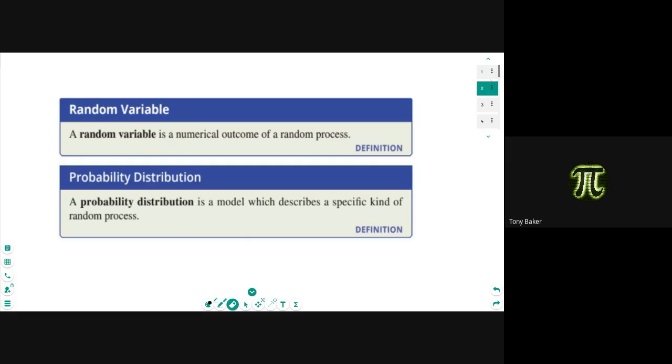And the probability distribution is which describes that specific kind of random process. Both those sound complicated, but once you actually start doing them, they're not nearly as complicated as it sounds. Give everybody a chance to finish writing those down.